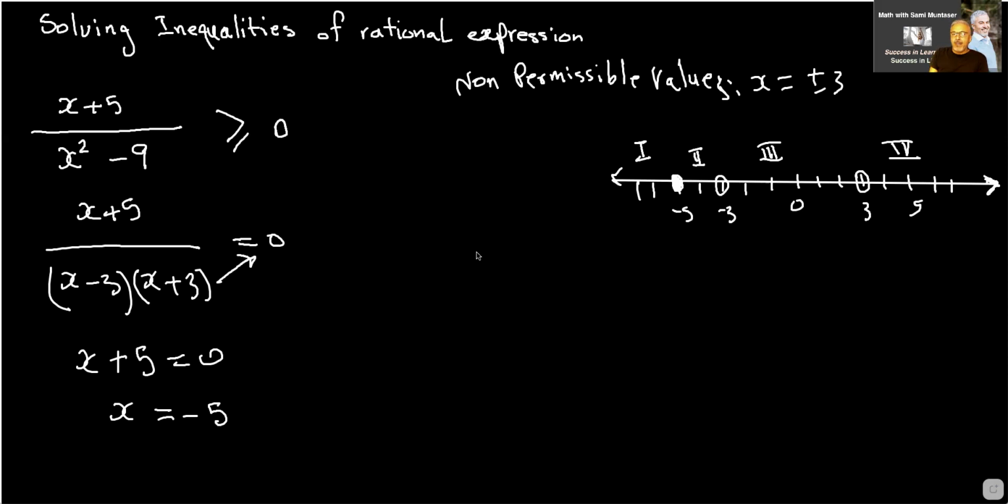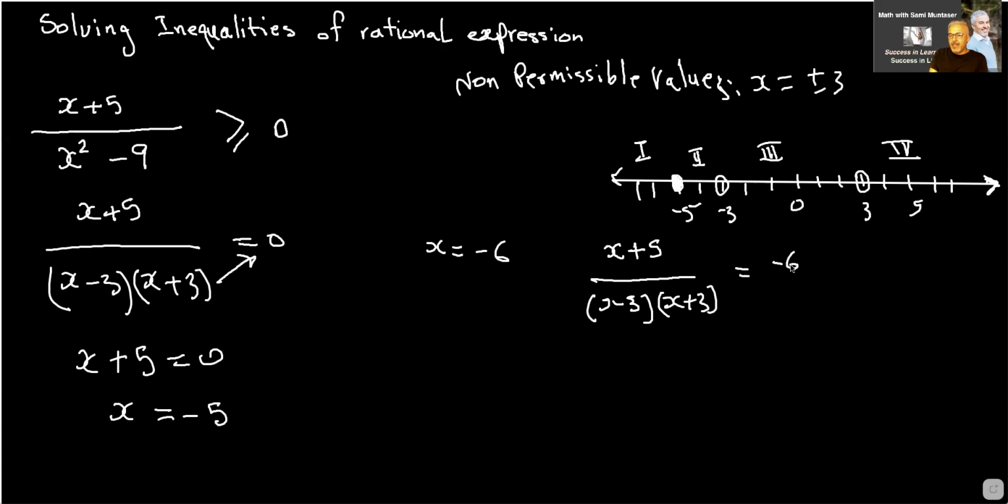So in region 1, I'm going to test x equals negative 6. Just choose a number that's close to your answer right there, so that when you plug it in, you don't get big numbers. Now I'm going to test it in the inequality, and you have x plus 5. I'm going to write the bottom in factored form, x minus 3, x plus 3. I'm going to sub in the negative 6.